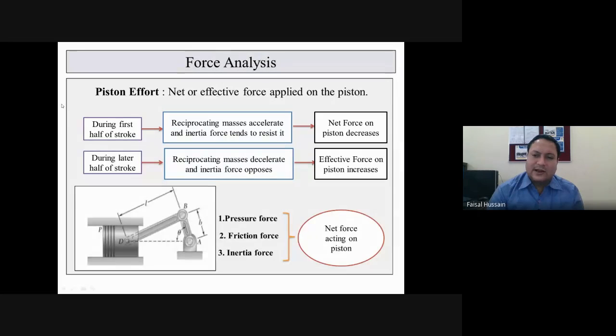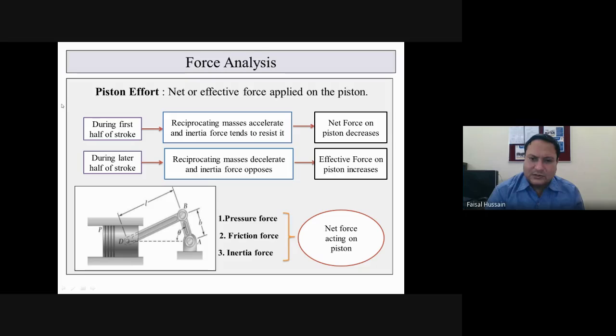So the total net force on the piston will be because of the pressure force, because of the friction force, and third, because of the inertia force. These are the three forces which will act. Okay. Now let us see what is pressure force, what is friction force, and what is inertia force. Inertia forces, you know, are equal in magnitude and opposite to the accelerating forces.